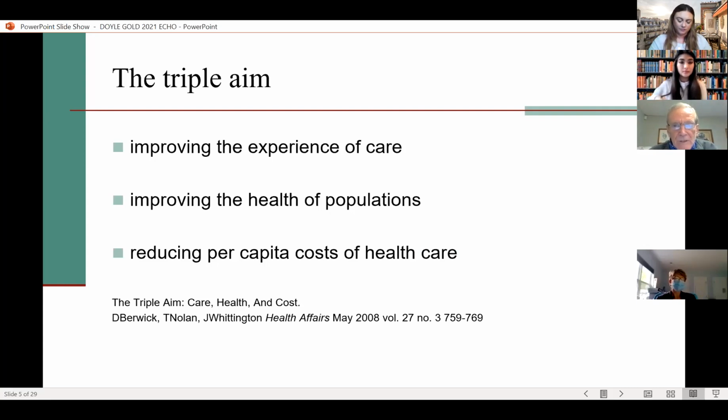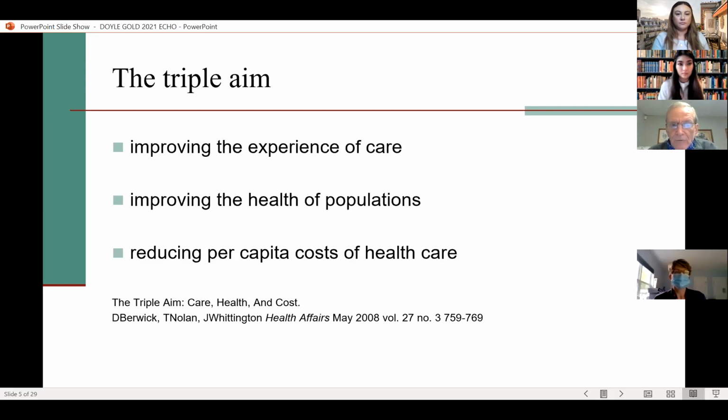And the triple aim is known to most health services people and policy people, but maybe not to all clinical people. You probably heard of it. What the triple aim says is that all efforts to improve or reform healthcare, and especially in our country, should aim to improve the experience of care.